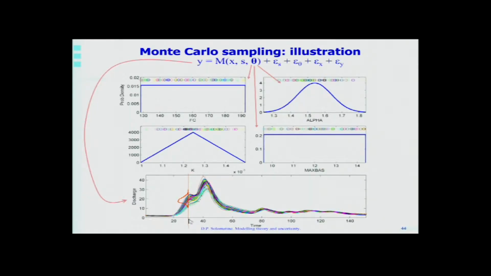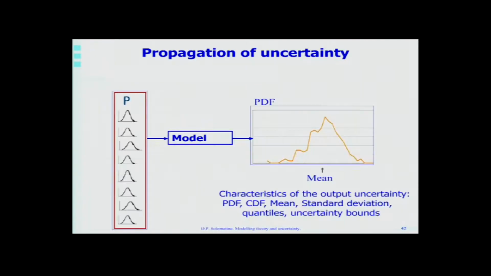So where is the uncertainty? How do we analyze it? Well, okay, let's analyze uncertainty for time step 30. For this time step, we have 1,000 values of output. You simply build an empirical distribution here for 1,000 values, and you draw this diagram for that time step.